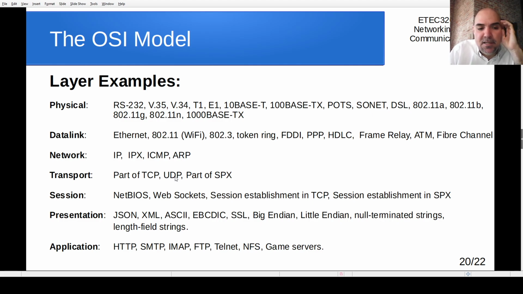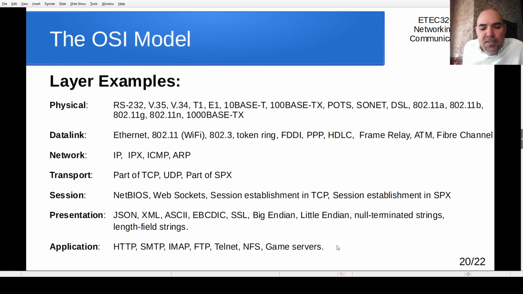All right, the session layer: NetBIOS, WebSockets, session establishment, and TCP. Part of TCP is in transport and parts are in session, and the same thing for SPX. And then at the presentation layer, we have a lot of different ways of encoding data.